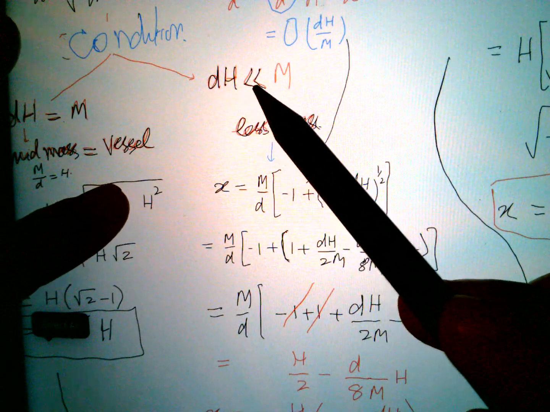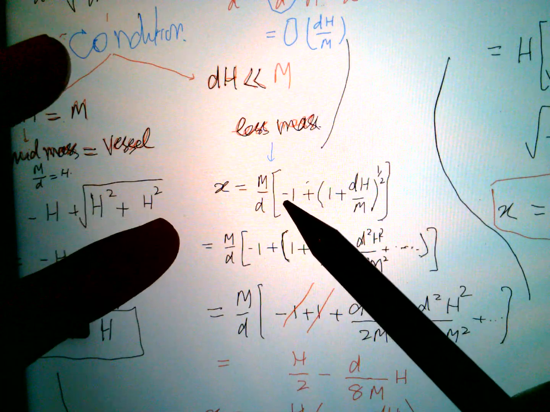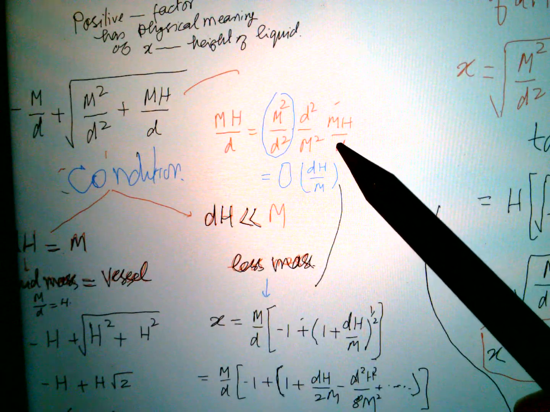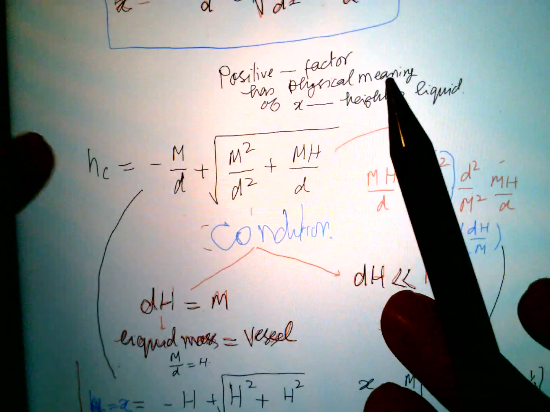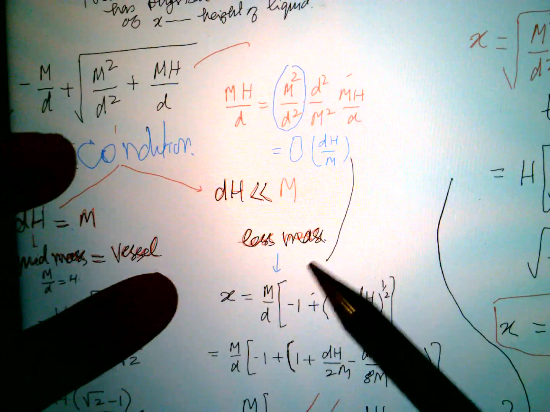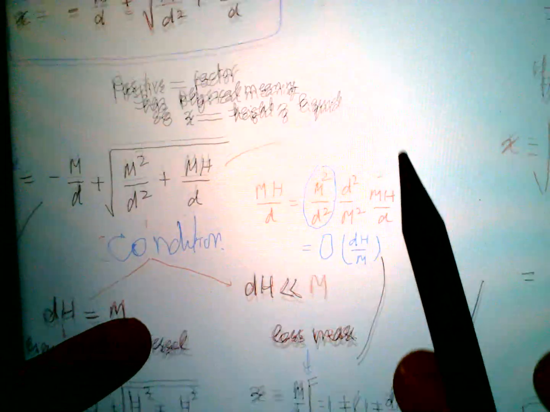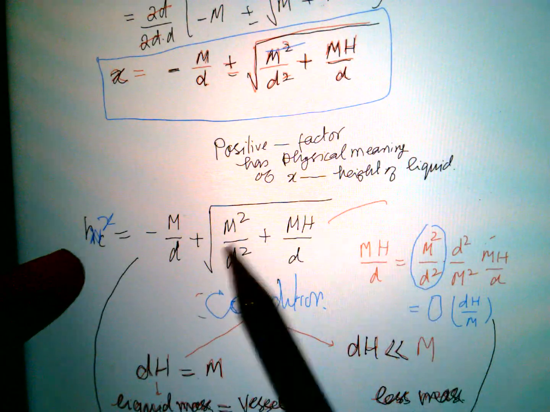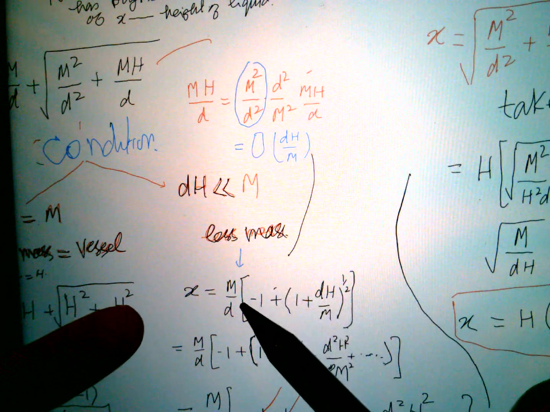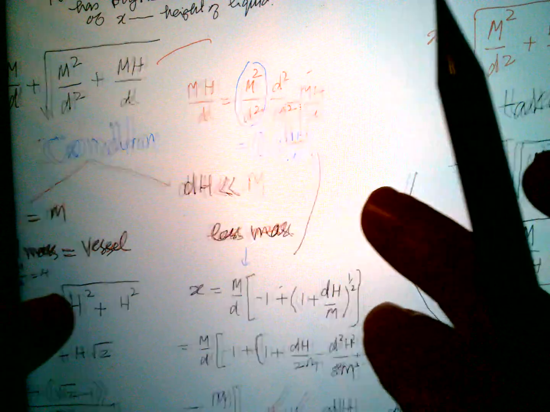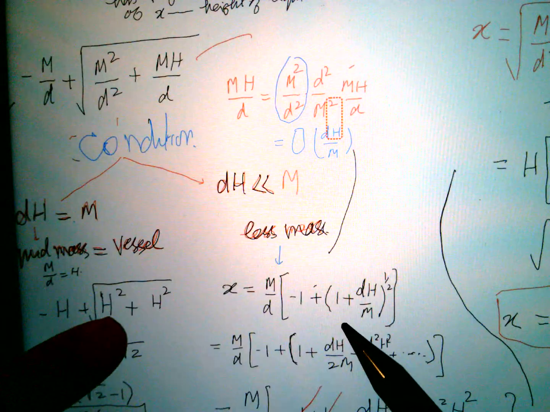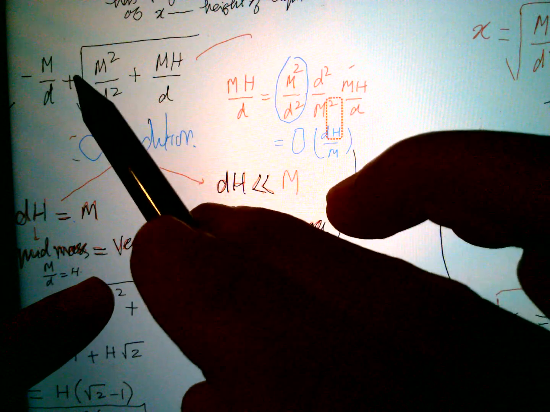Condition 2, dh is less than m. If it is less than 1, then from this equation we will have this x, which will be modified by taking m over d common.